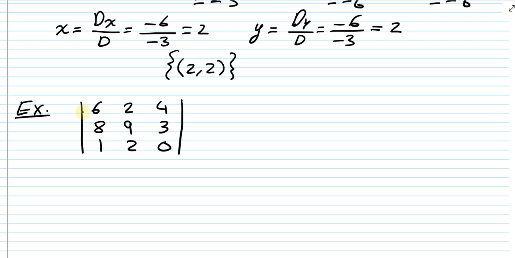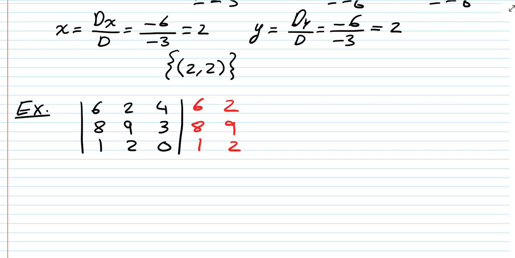For this method, here's what we do. We're going to repeat the first 2 columns. So I'm going to get 6, 8, 1, 2, 9, 2. We repeat the first 2 columns.